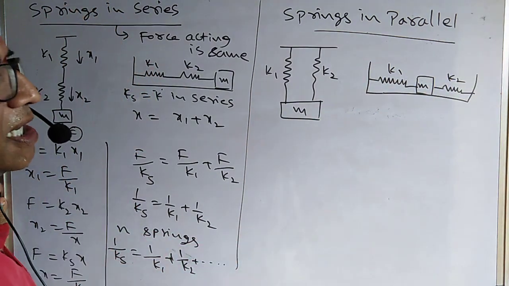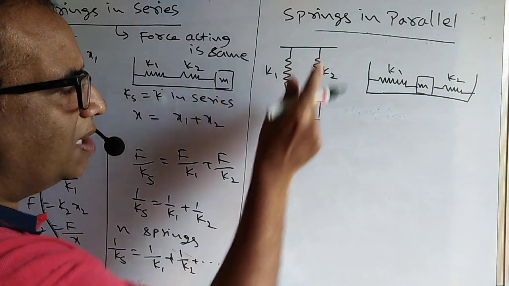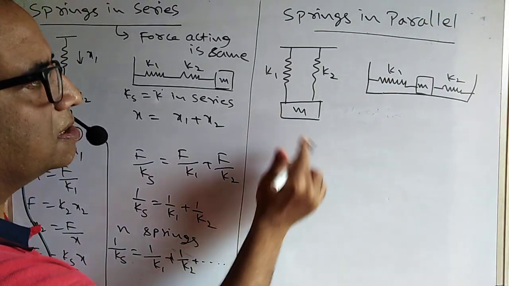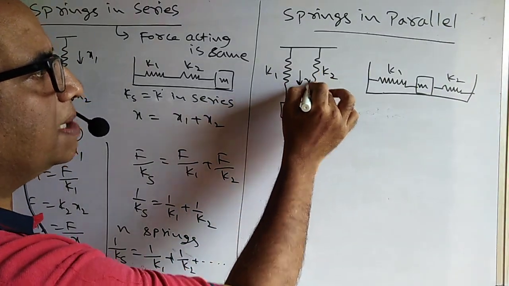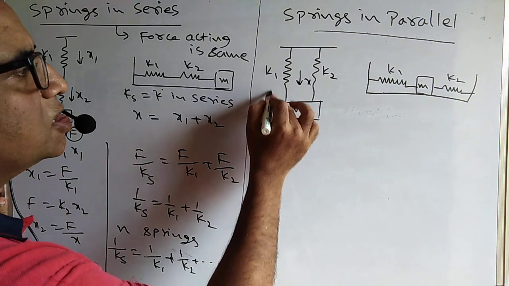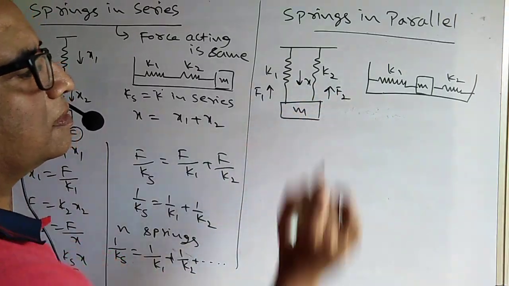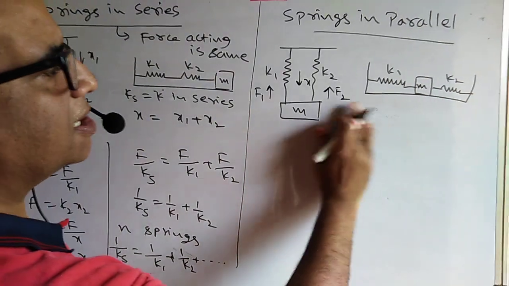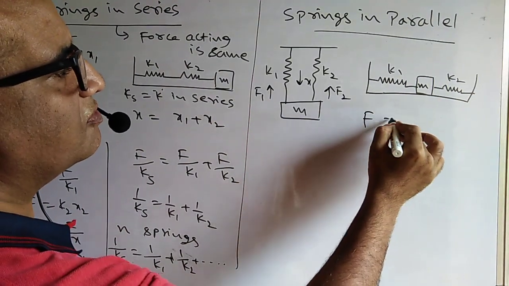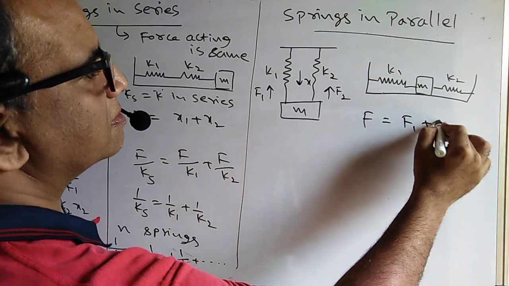If you observe carefully, when you extend this mass, both will have the same extension, but different restoring forces. This is F1 and this one is F2. Therefore, what is the total restoring force here? The total restoring force is F1 plus F2.